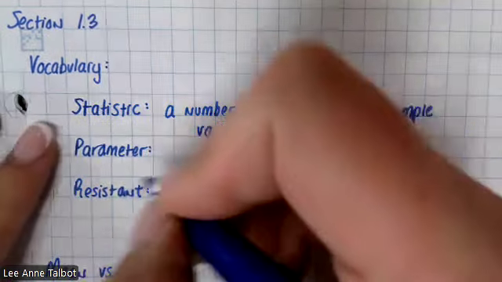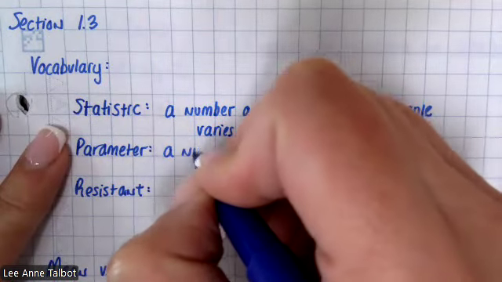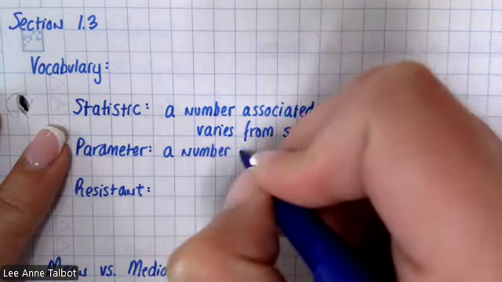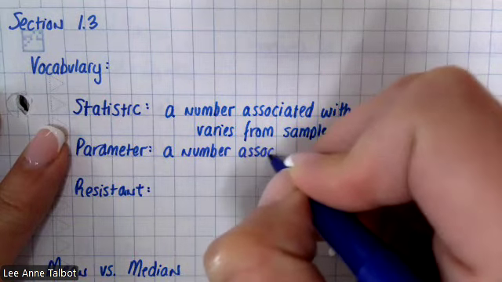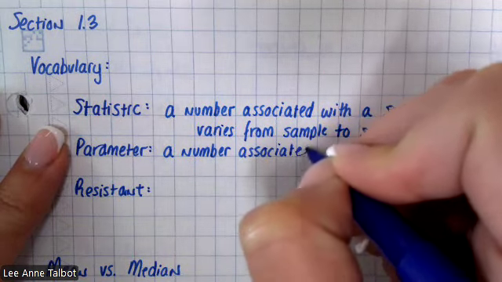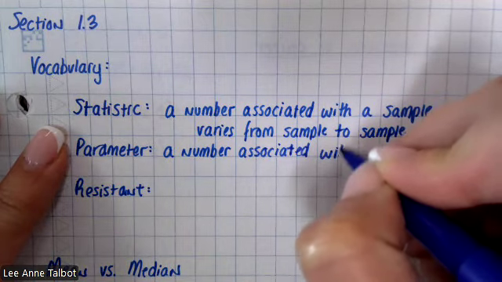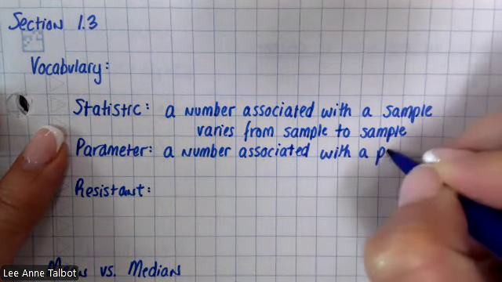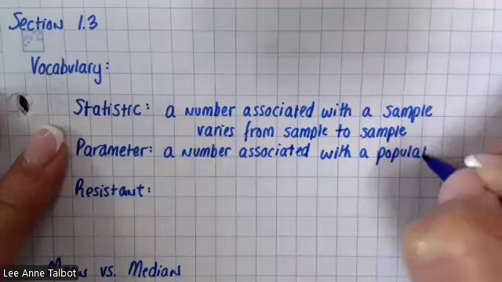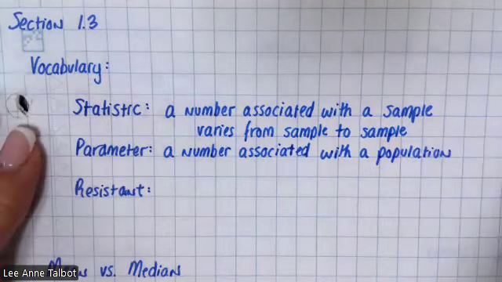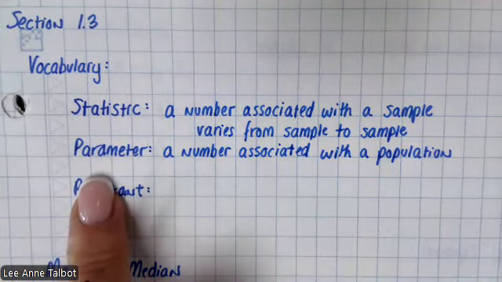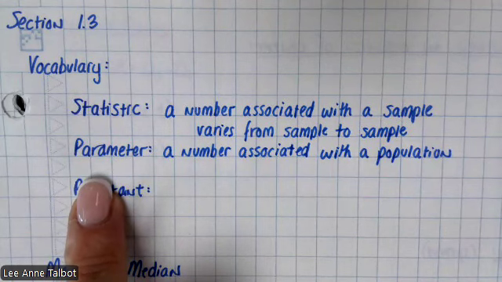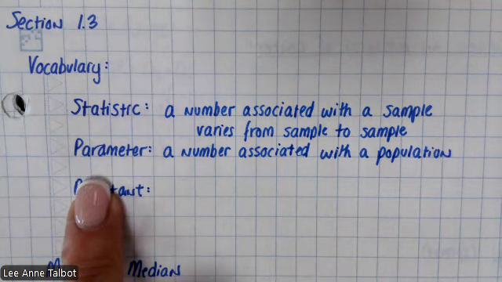A parameter is a number associated with a population. Typically, you will not have the parameter unless your population is very small and you're able to ask or measure everything in your population.